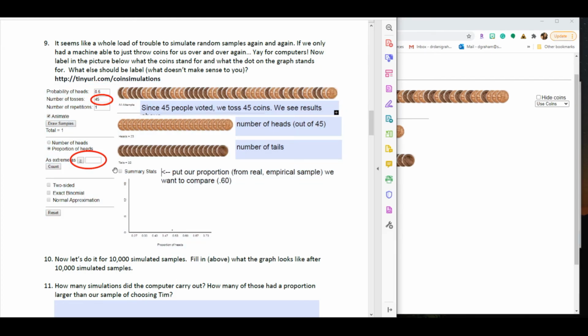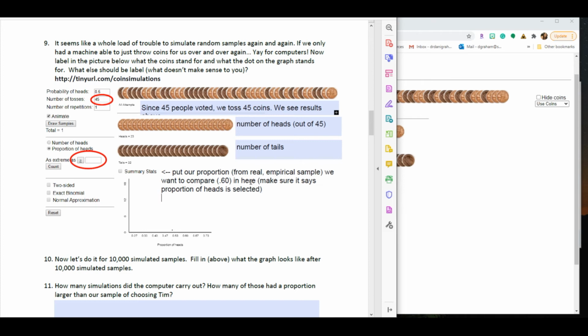So we want to select for proportion of heads, and then we're going to plug in the proportion we're interested in this little box that says "as extreme as." We're going to put that in here, and again you want to make sure it says proportion of heads is selected, not number of heads.